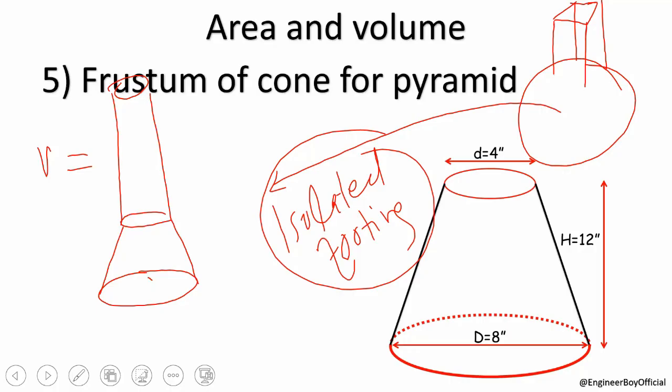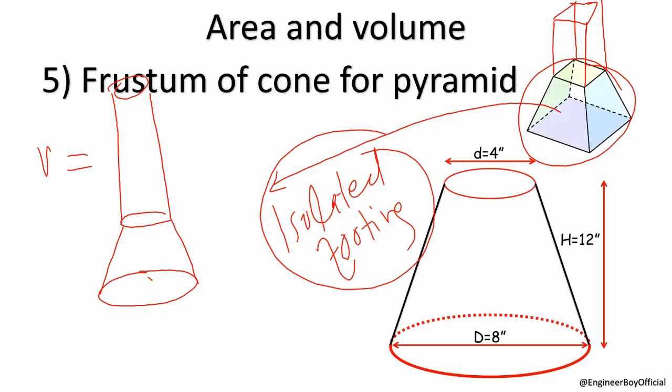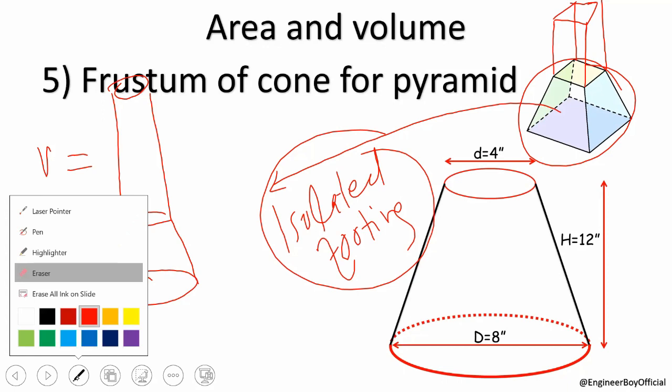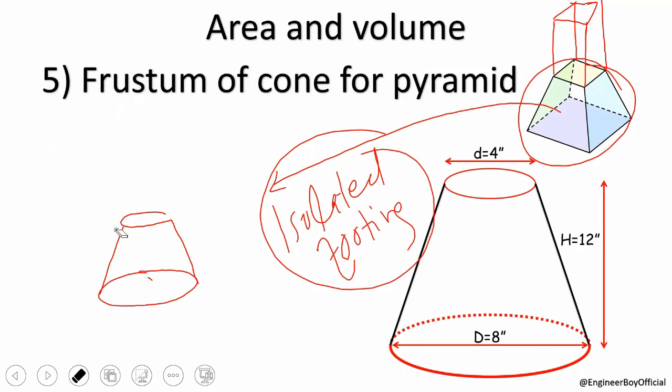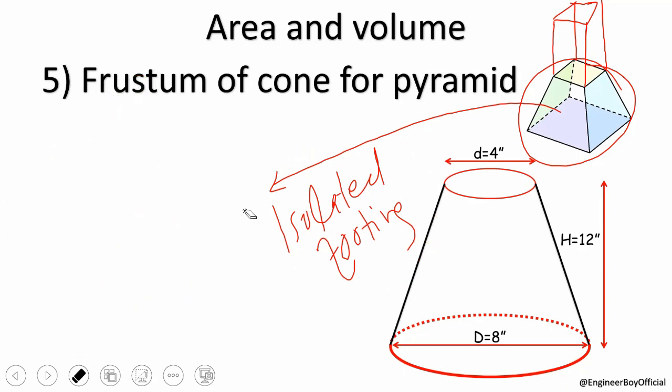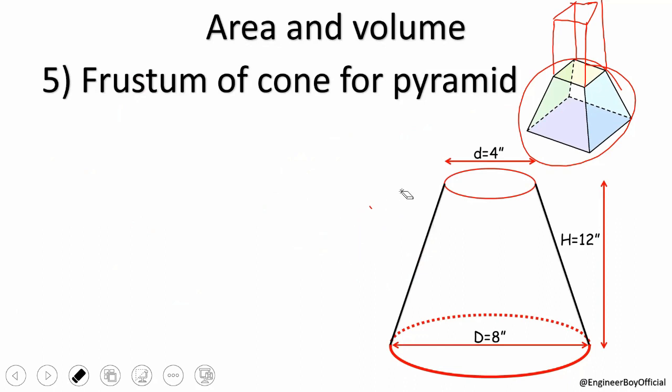Anyone? Yes, sir, it is used for workability, exactly. So a slump cone is a cone which is used to determine the workability of fresh concrete, right?